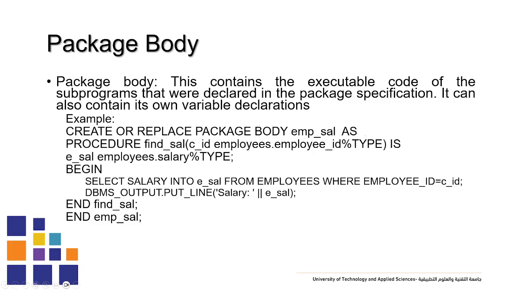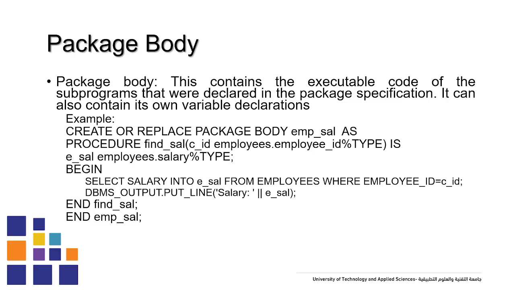This will contain the implementation code of procedures and functions declared in the package specification for emp_sal, followed by a procedure named find_sal that takes the employee ID from the employees table.